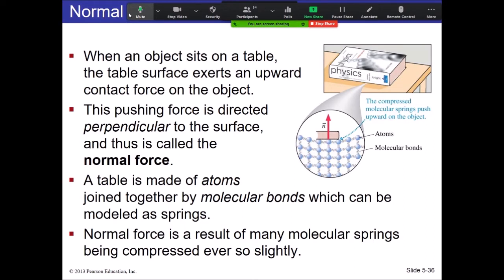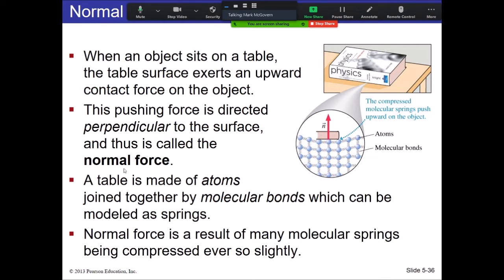A normal force is a broad contact force generally exerted by surfaces. So the book's sitting on the table. The table exerts a normal force on the book. Broad area of contact. There's a difference between tension and normal forces. Tensions are a point of contact. Normal forces are broad contact.